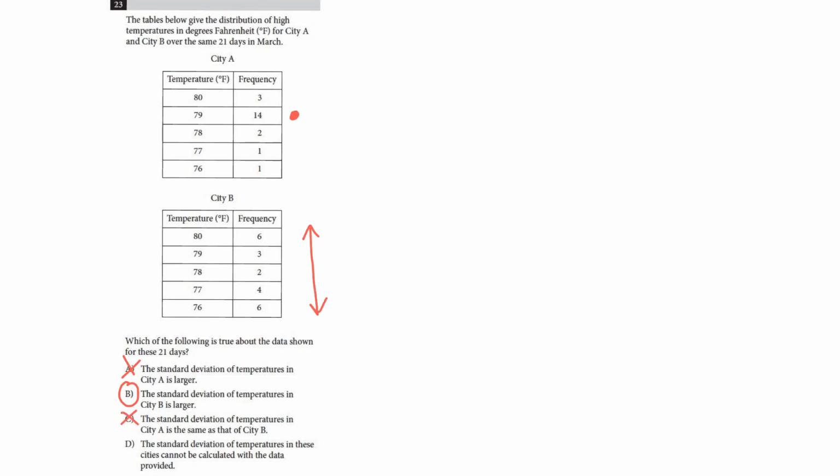And D, the standard deviation of temperatures in these cities cannot be calculated with the data provided. Okay, so the standard deviation could be calculated with the data provided. We didn't calculate it. We just took more of a conceptual understanding and applied that. But our answer is going to be B.